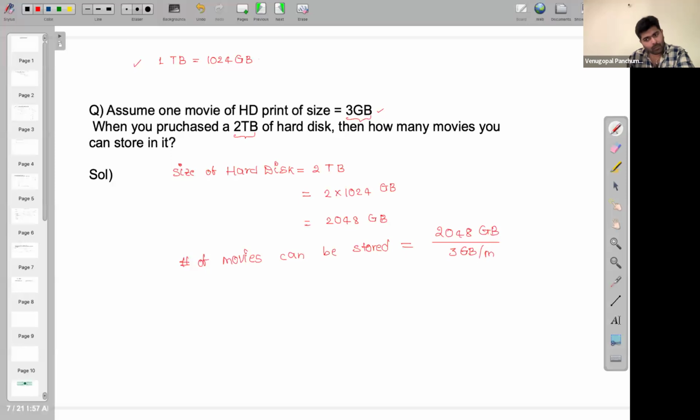When you calculate this, GB will get cancelled, so movie will come above. So what is 2048 by 3? Let me take the calculator. So 2048 divided by 3.